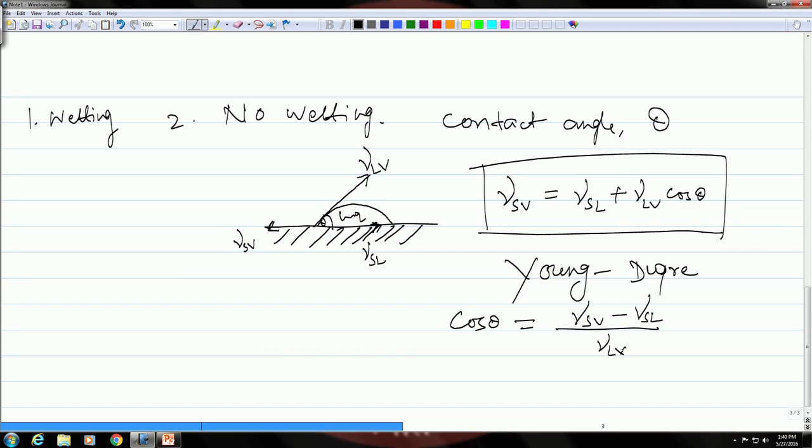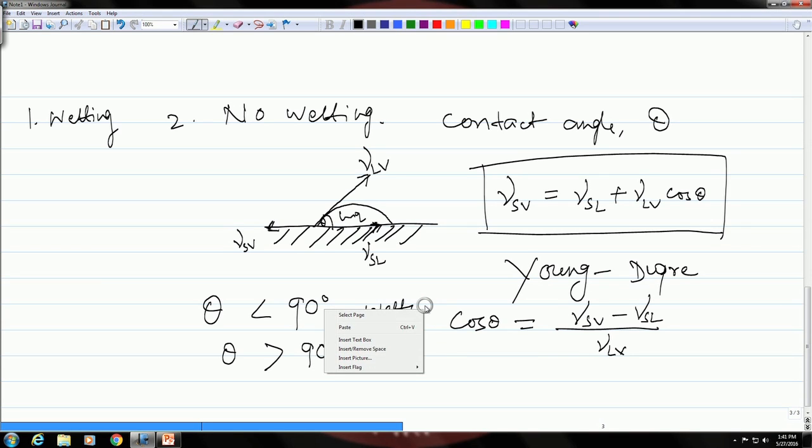Now, depending on whether theta is less than 90 degrees or more than 90 degrees, the liquid will either spread or not spread. If theta is less than 90 degrees, the liquid will wet the solid surface.